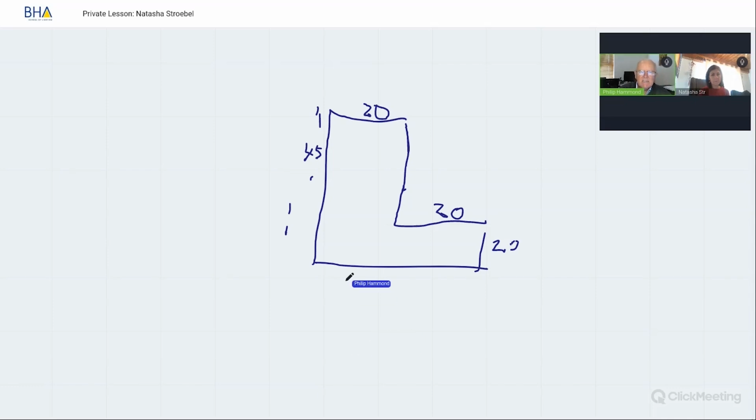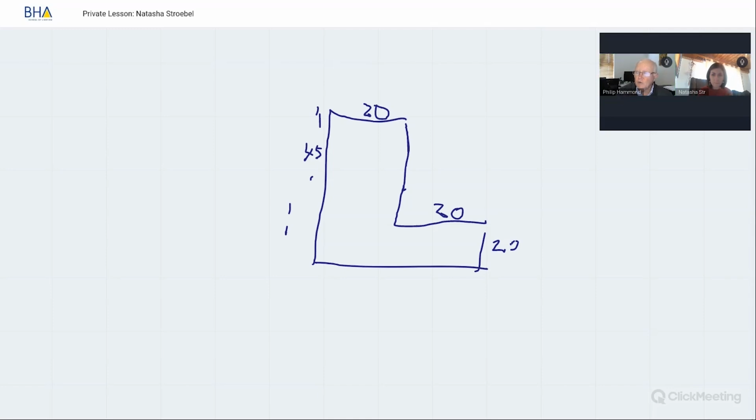So let's see what our measurements are. If we take 20 times 45, I've got a calculator here. 20 times 45 is equal to 900. If I take 45 divided by the width of 20, it says it's 2.25.